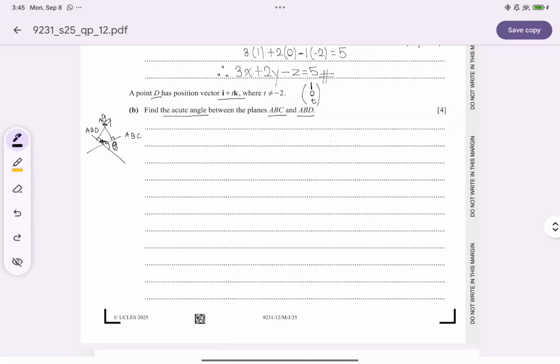If we get angle theta to be acute, we're going to equate it, as you can see from this diagram.